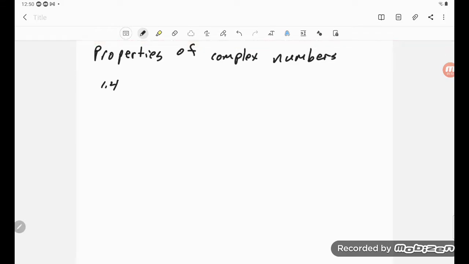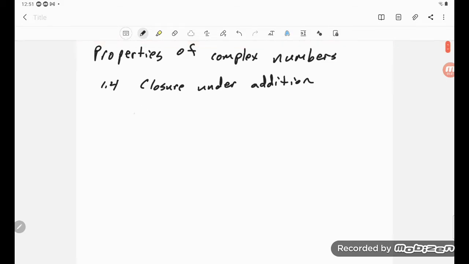They list a property 1.4, and that is closure under addition. Okay, that's to say if I take two complex numbers and add them using that definition of addition, I get another complex number.